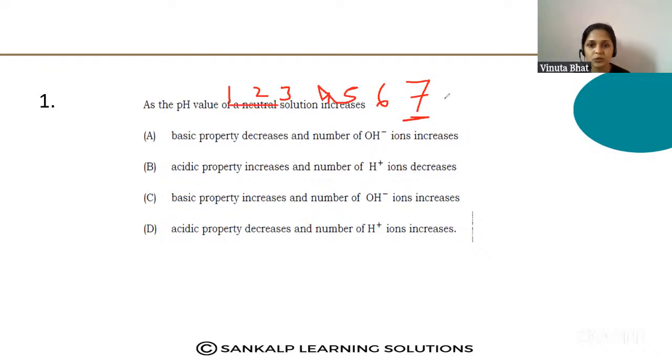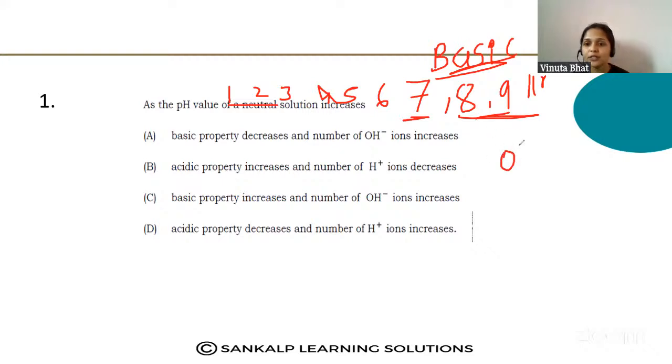If the pH of the neutral solution increases, to 8, 9, 10 and so on, then it will become a basic solution. You know that bases have more OH minus ions, right?